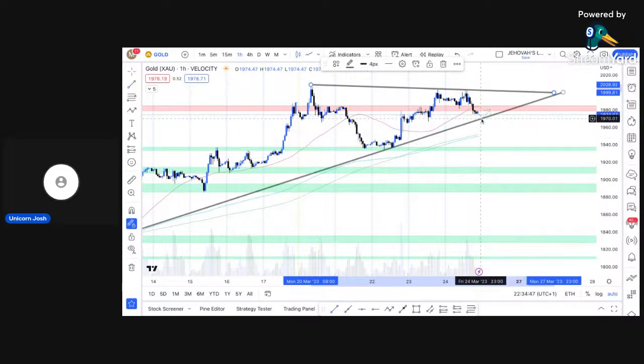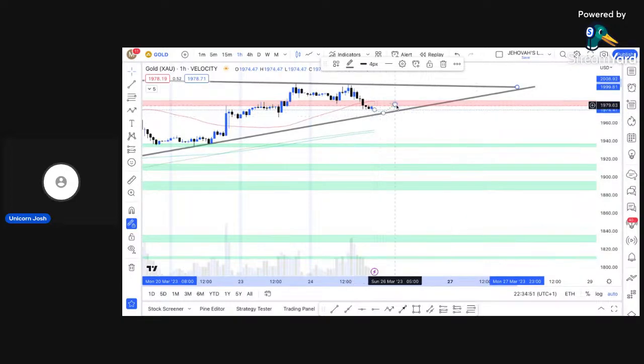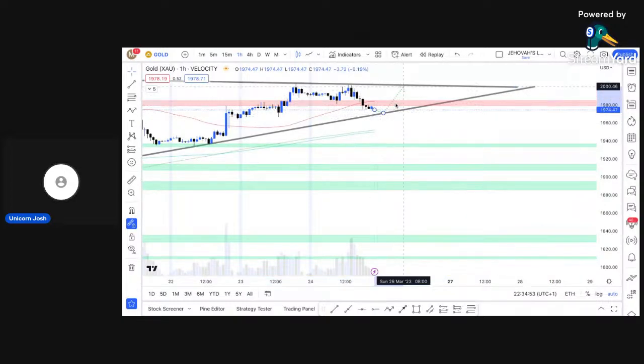So the market could have something like this, make contact with this trend line, and then go back all the way to form a triple top formation before it comes down and moves on to the next agenda, which is to most likely sell, or you could as well just break it and go up, break and retest and move up.